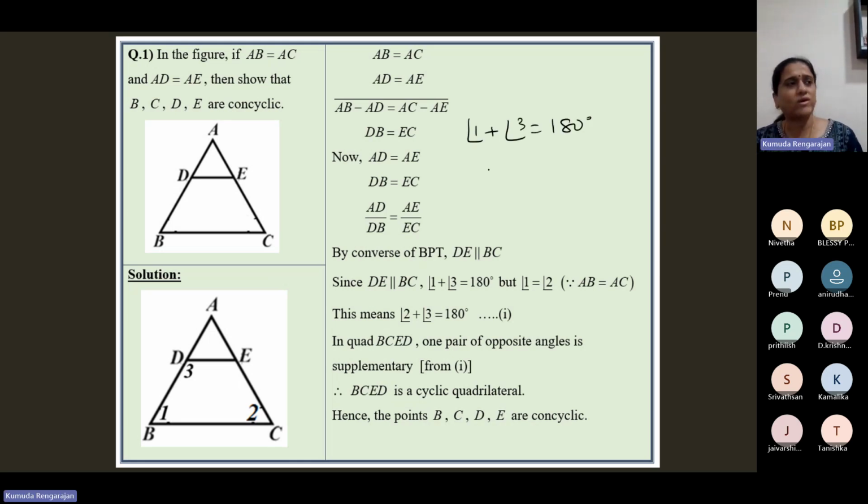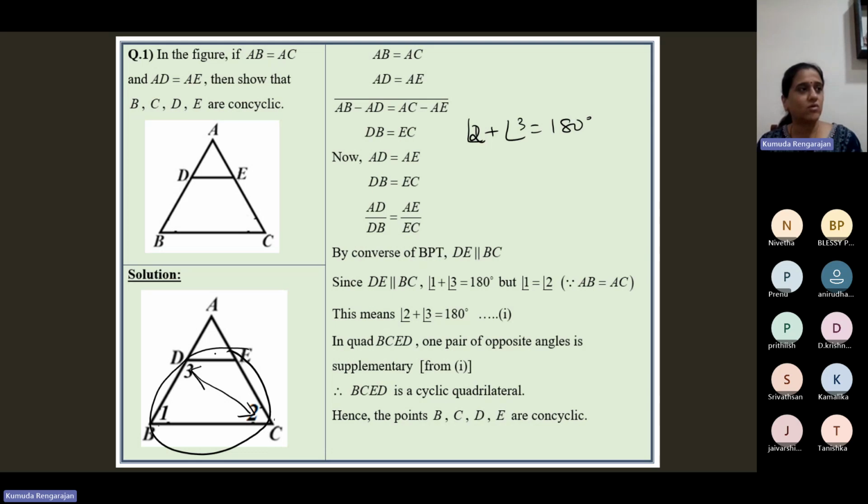But angle 1 is equal to angle 2 because it's an isosceles triangle. So instead of angle 1, you can write 2. So 2 plus 3 is 180. So you see opposite angles, they're supplementary. That means this one is a cyclic quadrilateral. BCED is a cyclic quadrilateral, which means the points B, C, E, and D are concyclic.